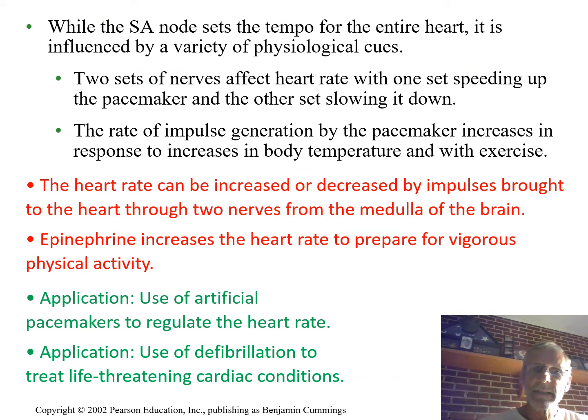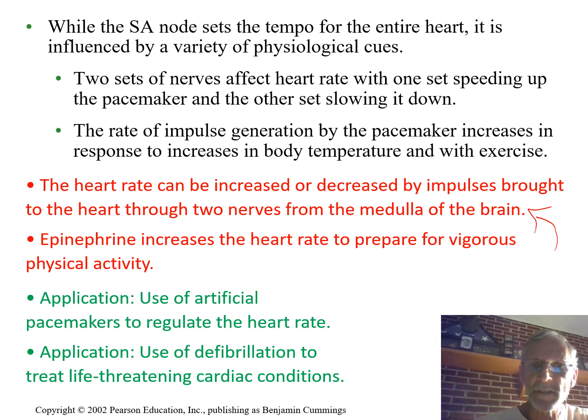Okay, so now I already said this, and now we're going to get a little more specific because they did, and this is in red ink, right? So the heart rate can happen without the brain, right? It initiates its own beat, but it can be increased or decreased, modulated. So this now becomes part of a regulation story in the system, not gene regulation in this case, but system regulation, which also means what? Negative feedback, right?